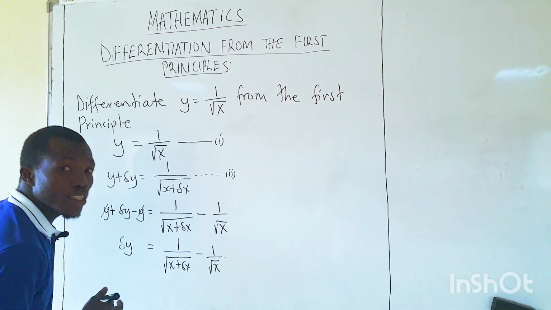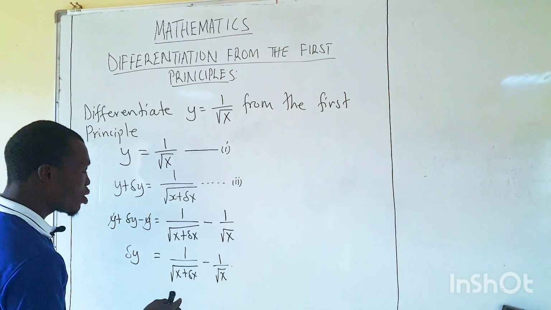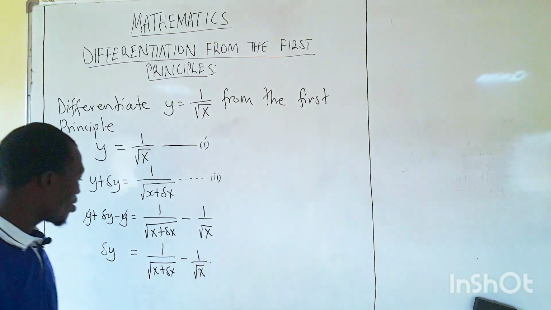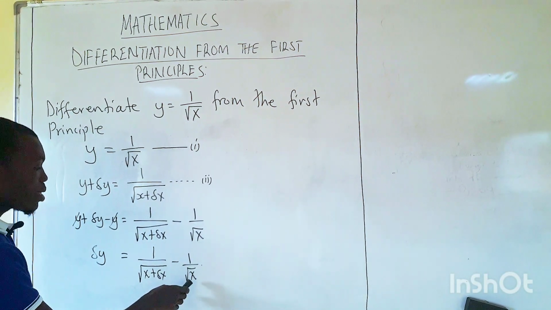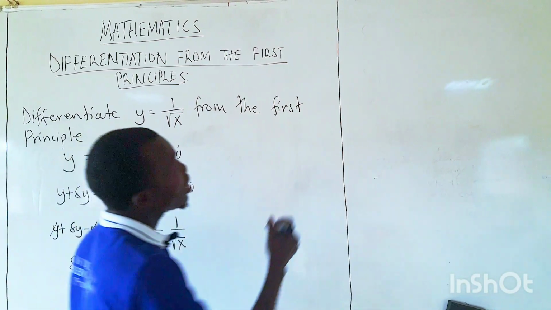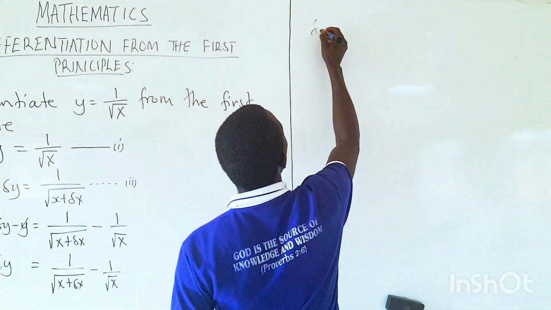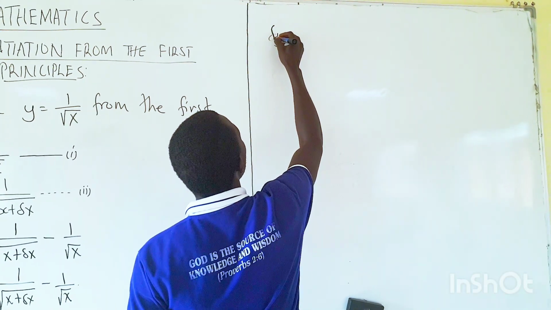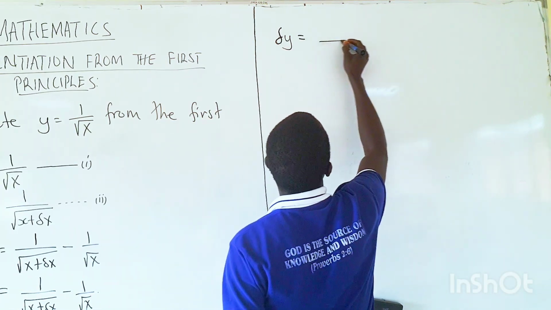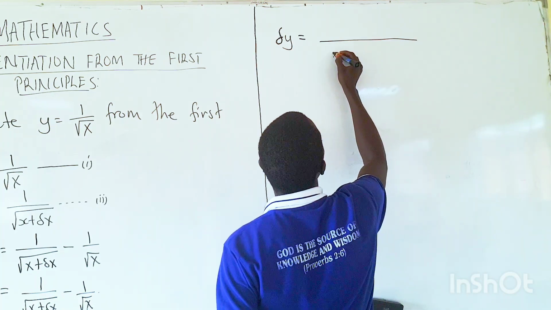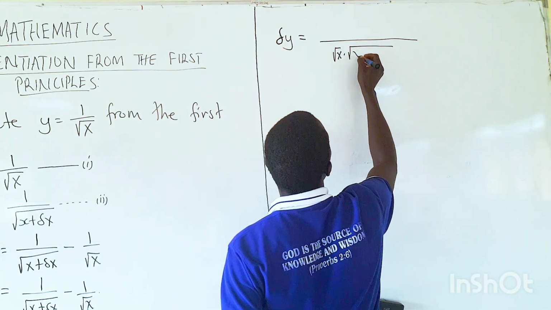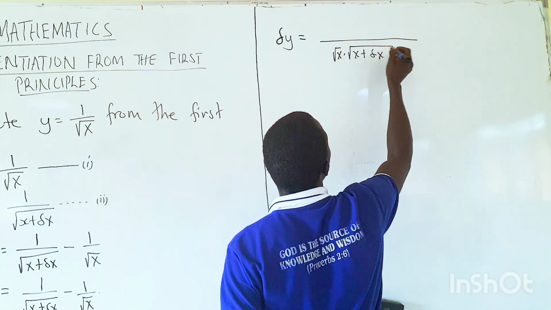So here the next step is going to be getting the LCM of what is on the right hand side, and our LCM will simply be the product of what we have down here. So we shall have our delta y is equals to, we first put the LCM, which is root 2x times root 2x plus delta x.